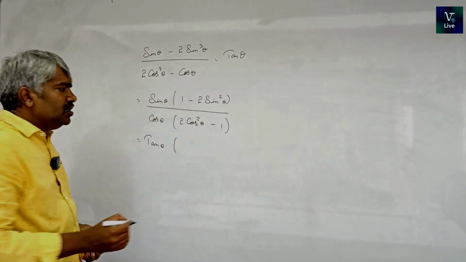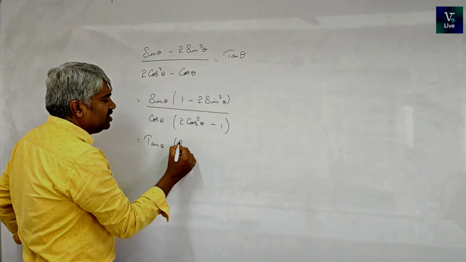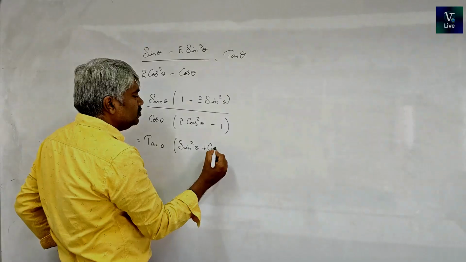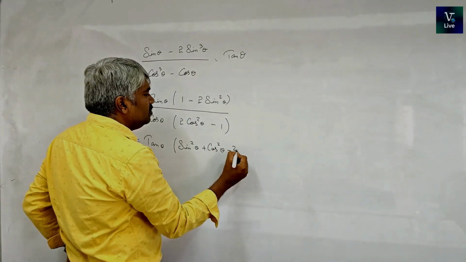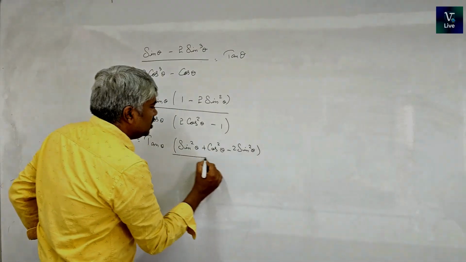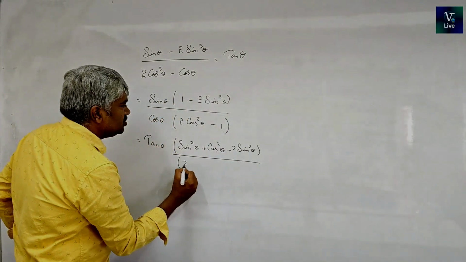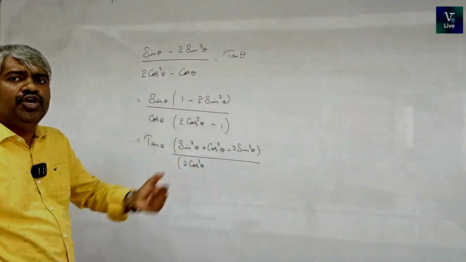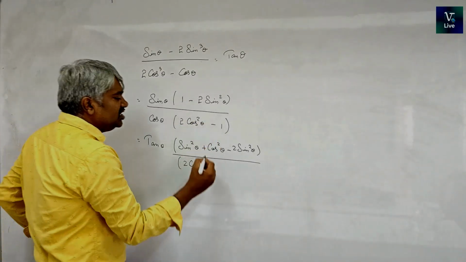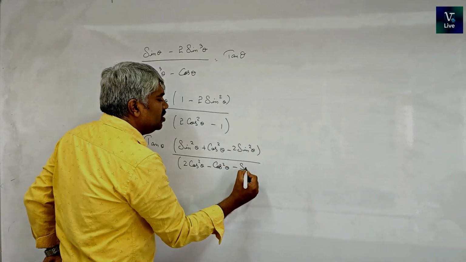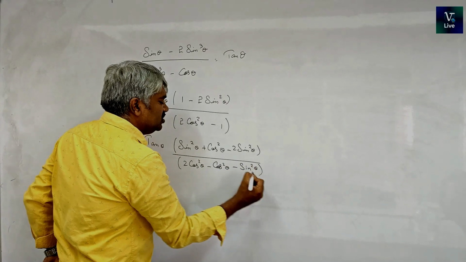For this 1, I am going to find the value of 1 with the help of a trigonometric identity, that is, 1 is equal to sin square theta plus cos square theta. The denominator is 2 cos square theta. Even for this one, I am going to take sin square plus cos square. Since it is minus 1, which is minus cos square and minus sin square.